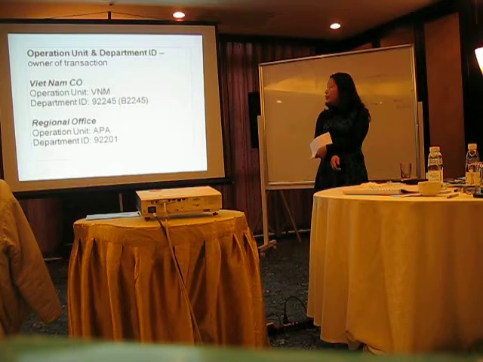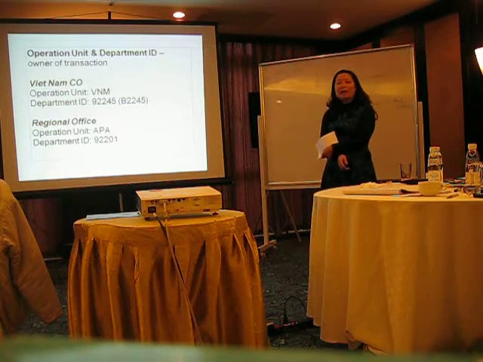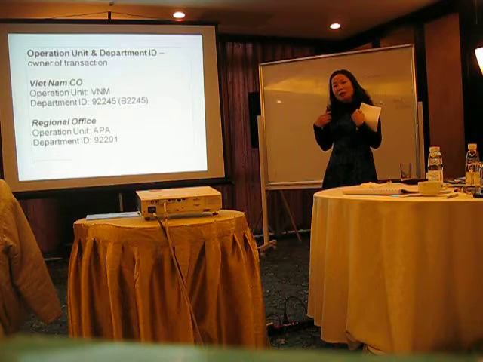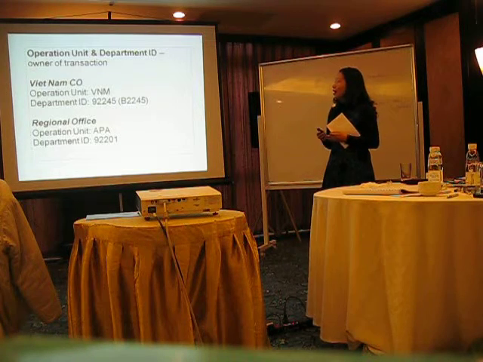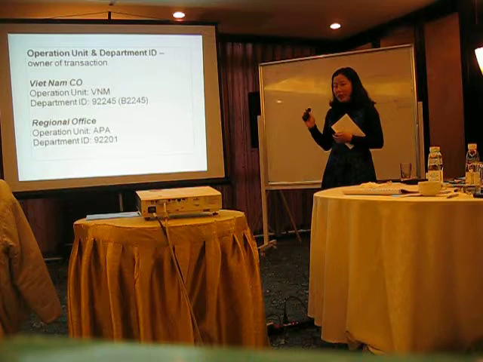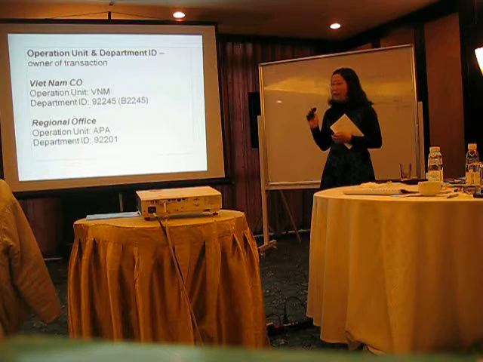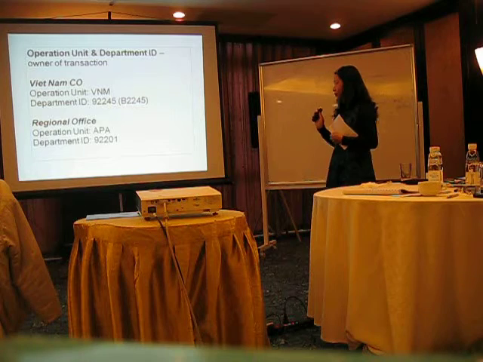The operation unit and department ID mean the owner of the transaction, the one who actually does the transaction. For example, for the Vietnam country office, the operation unit ID is VNM and the department ID is 92245.